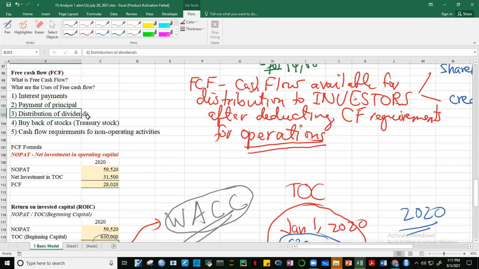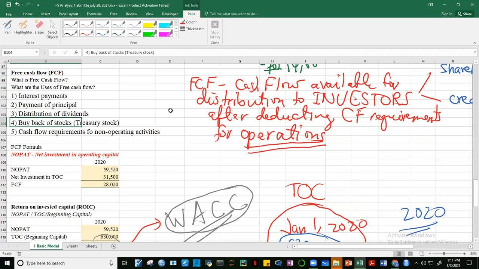For shareholders, distribution of dividends. And sometimes the company might decide to buy back stocks. Buying back stocks, or treasury stock, means for example Globe Telecom buys its own stocks in the secondary stock market.